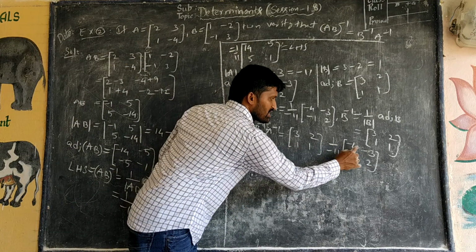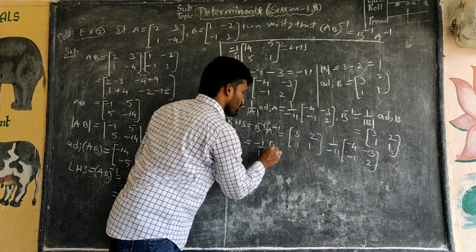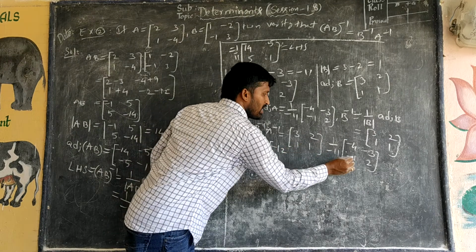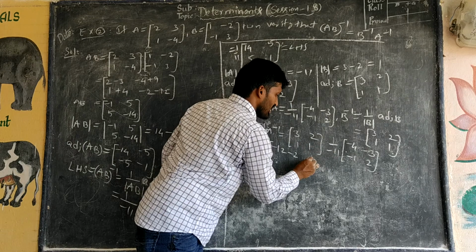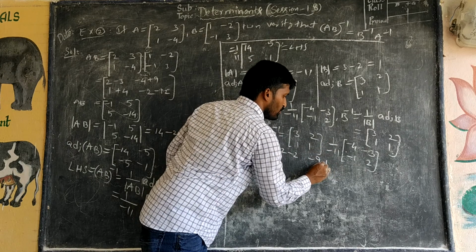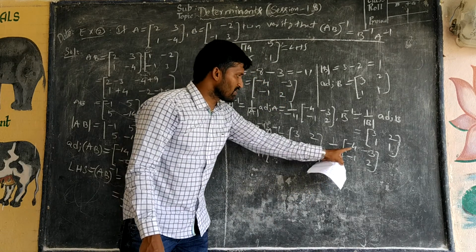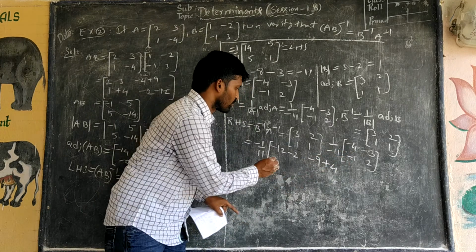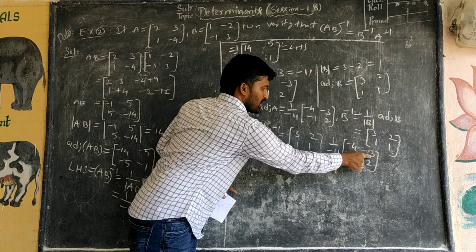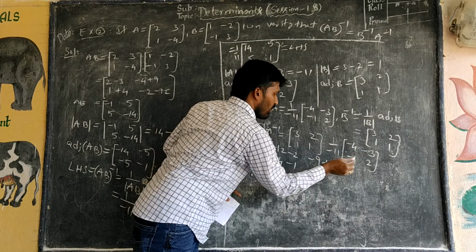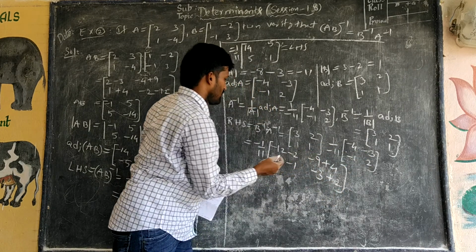First row with first column: 3 into minus 4, minus 12, 2 into minus 1, minus 2. Next, first row with second column: 3 into minus 3, minus 9, 2 into 2, 4. Next, second row with first column: 1 into minus 4, minus 4, 1 into minus 1, minus 1. Next, 1 into minus 3, minus 3, 1 into 2, plus 2.